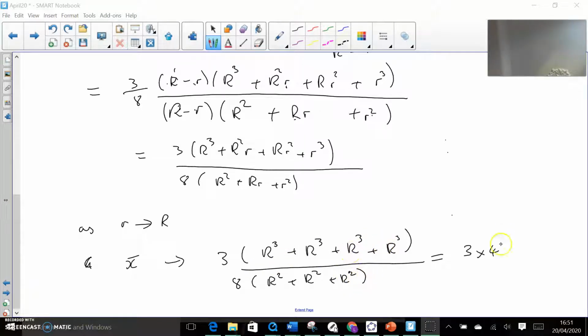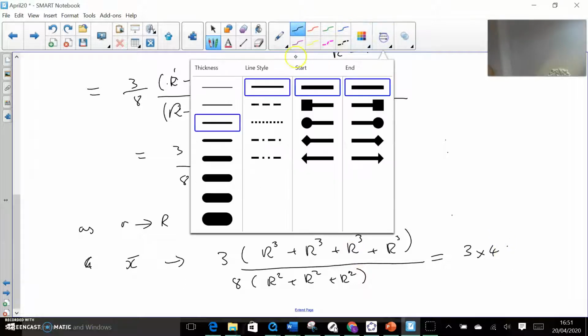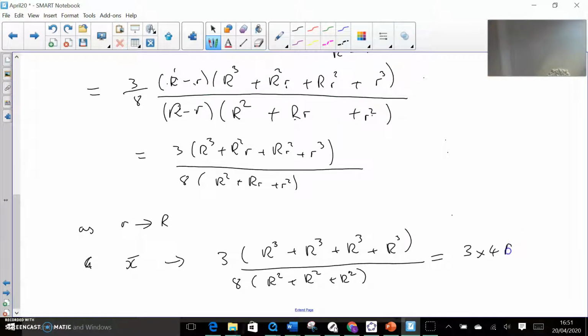We have 3 times 4r to the power of 4, r cubed. And then on the bottom we've got 8 times 3r squared. And so we've got 3's cancel, 4 cancel with the 8, r cubed cancels with r squared, and we get a half r.